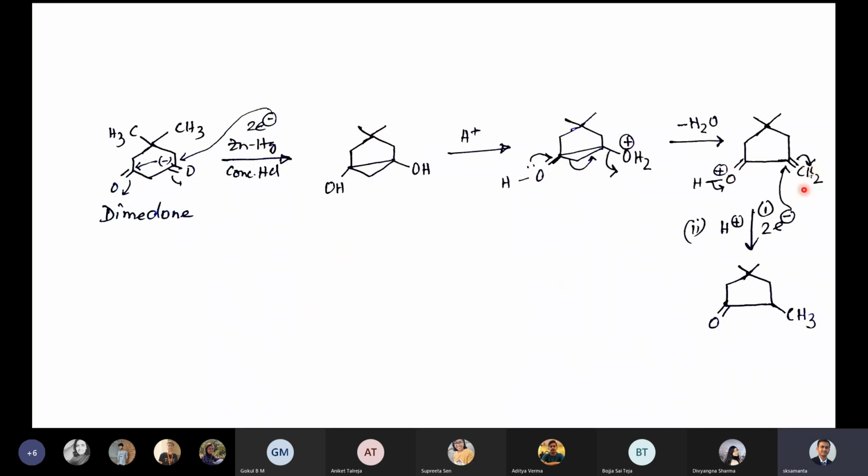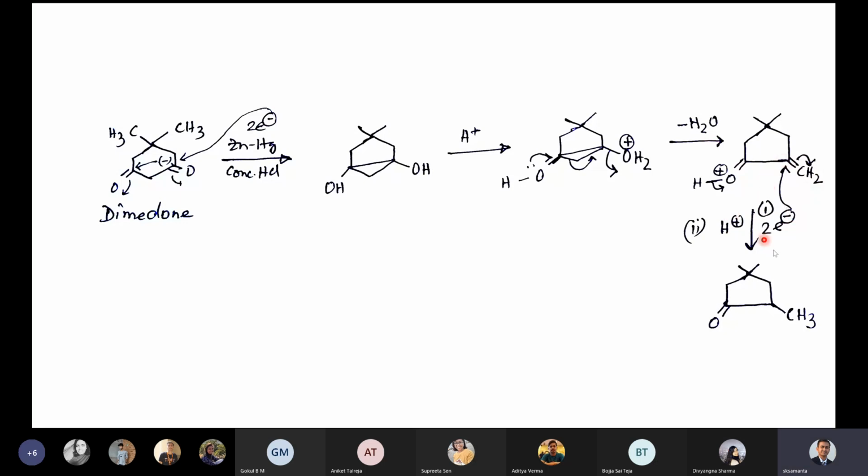Now it has been seen that these double bonds are actually more reactive in this reaction condition. For the reduction and hydrogenation case, the double bonds are shown to be more reactive.